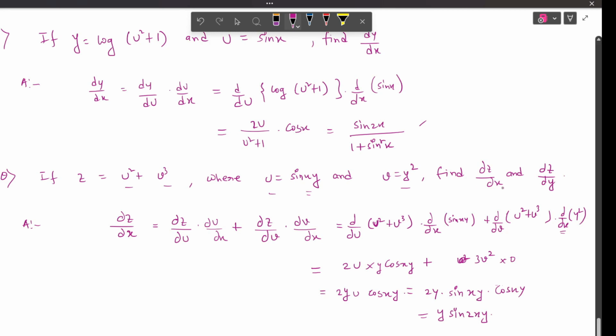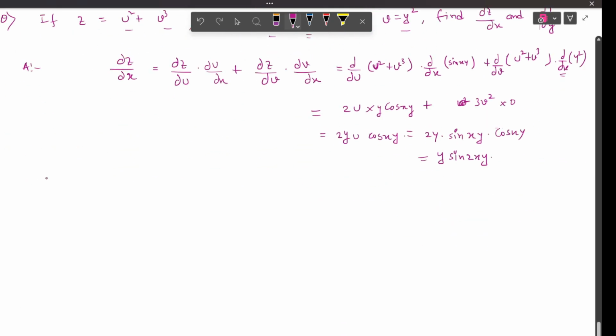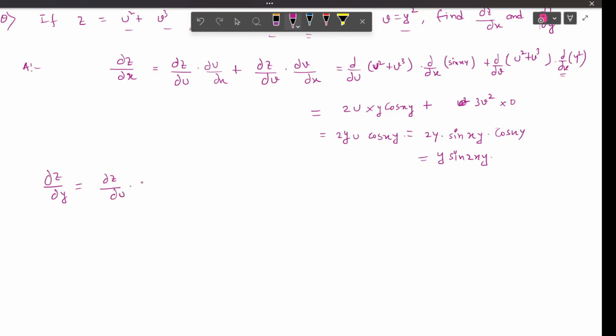Now we need delta z upon delta y, so similarly we have to proceed. Delta z upon delta y would be delta z upon delta u into delta u upon delta y, plus delta z upon delta v into delta v upon delta y. If you differentiate z, which is u square plus v cube, with respect to u, v cube is constant in the first case.